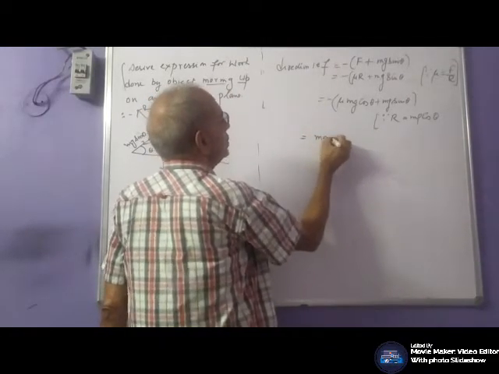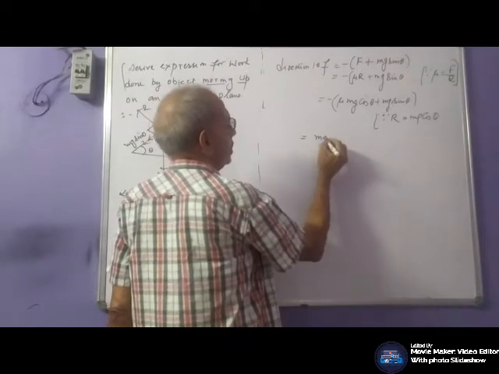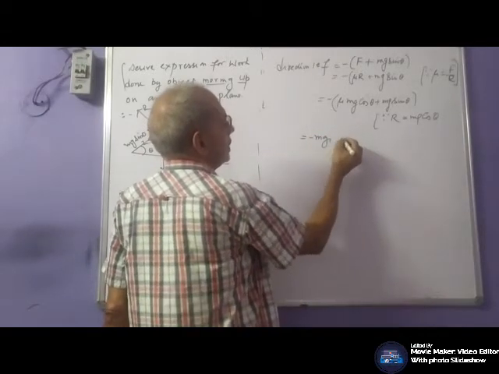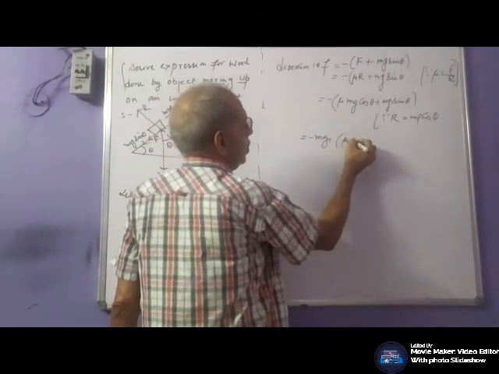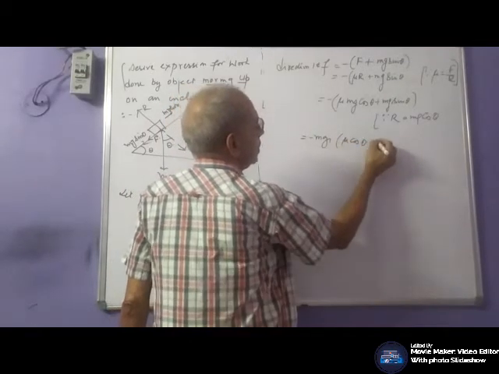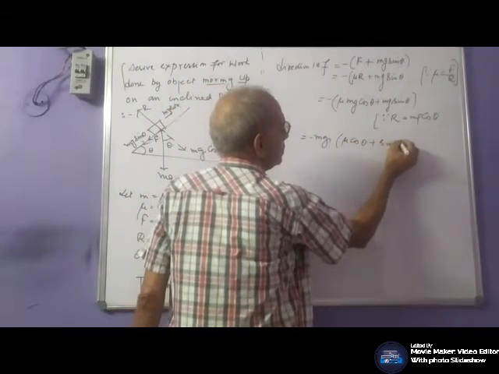So the net force is minus mu mg cos theta plus mg sin theta. M common, g common, minus is there, mu cos theta plus sin theta.